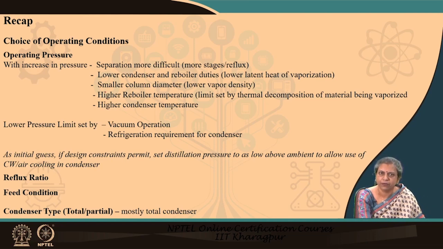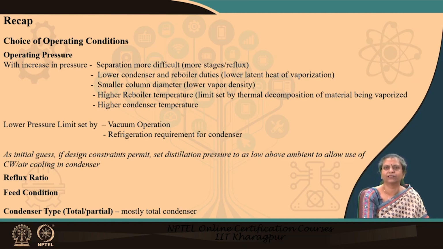Then the reboiler and the condenser duties decrease, because the latent heat of vaporization is less. Quite naturally, if the dew point and the bubble point curves come closer, the condenser and reboiler duties become less.